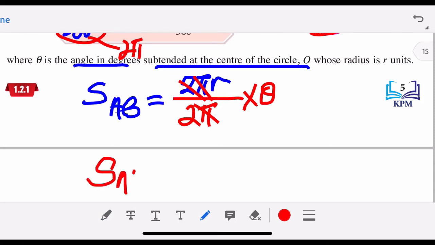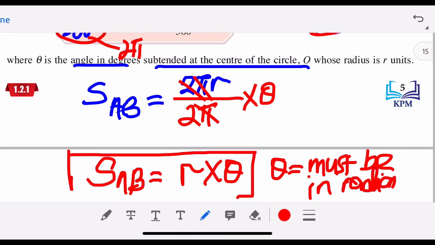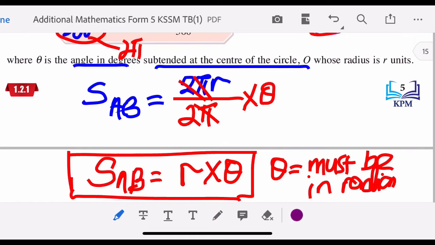Arc length AB is just radius times theta, but theta must be in radian. If you want to use this formula to find the arc length, you must make sure the angle subtended is in radian, right?